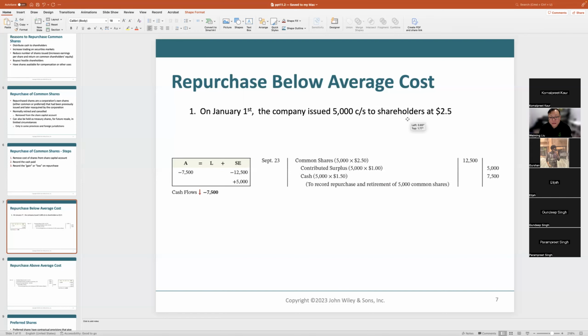So at the beginning of the year, the company issued 5,000 shares to shareholders, and each share is $2.50.